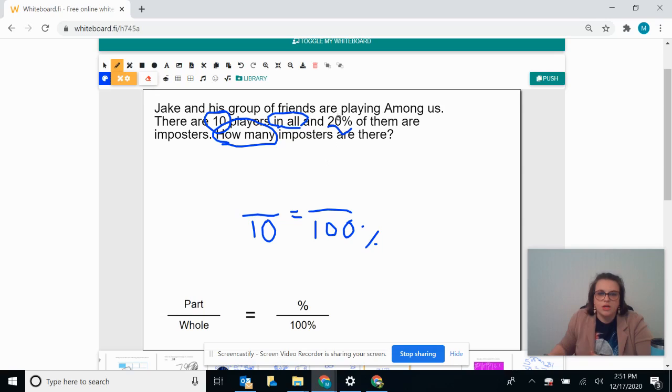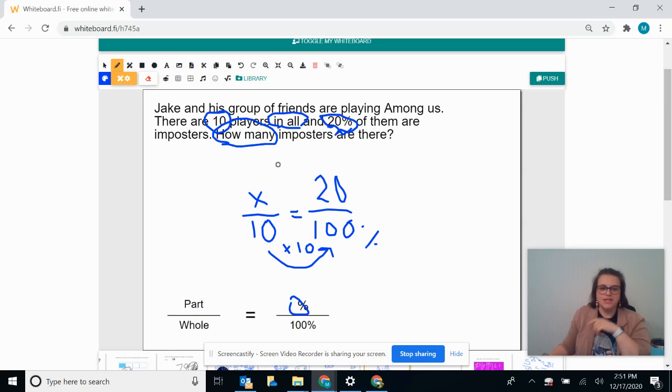And 20% of them are imposters. Well, 20% is a percent, so it can go in the percent slot. And we don't know how many of them are imposters. It's very important. So we can just go from 10 to 100. 10 to 100 is 10 times 10.